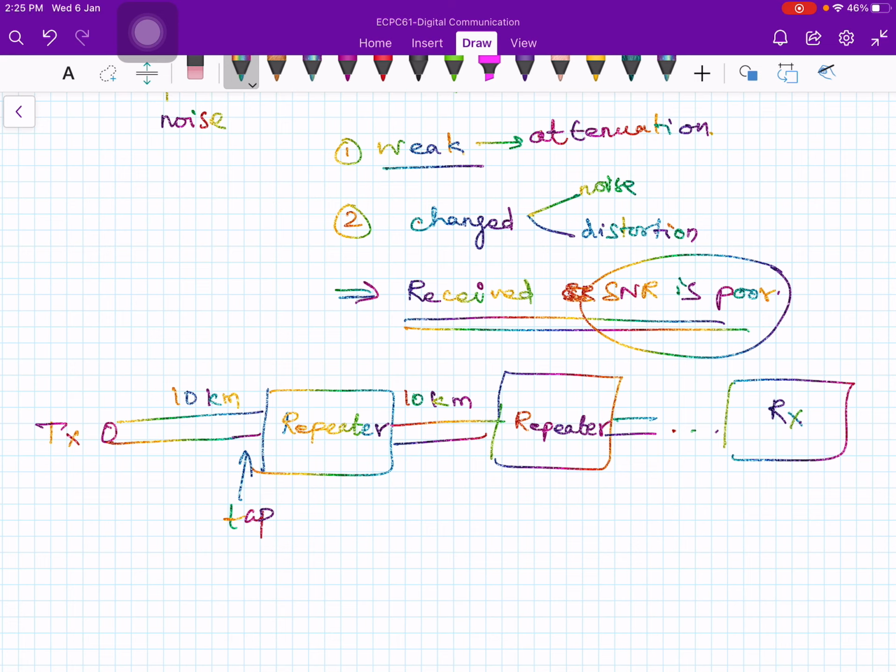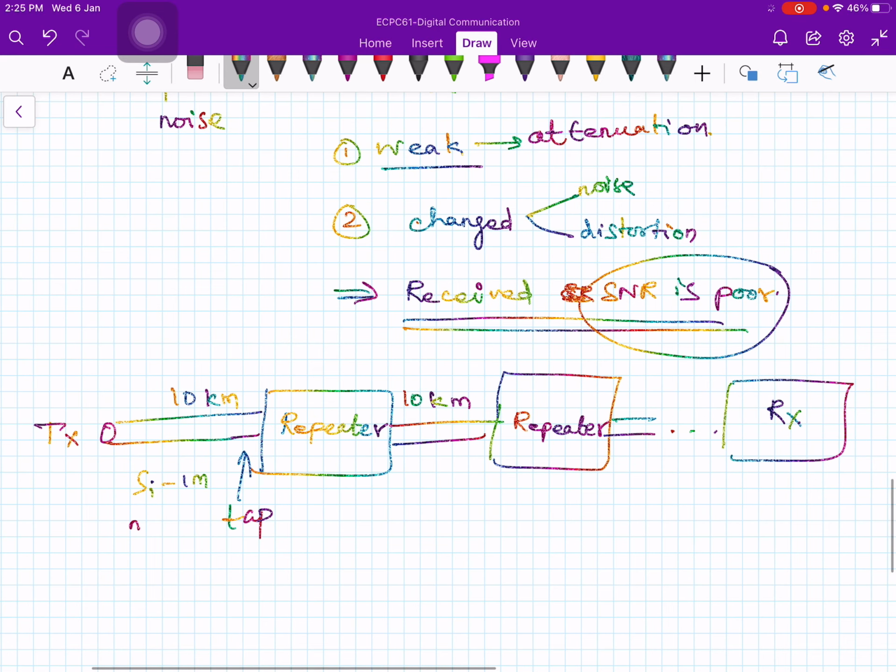Let's say the signal part is 1 milliwatt and noise is 0.1 millivolt. Now if you amplify 100 times, then at the output of the repeater you will get 100 millivolts and this one will be 10 millivolts, right? Therefore the ratio is amplified equally, so it will not help us to improve the signal to noise ratio.